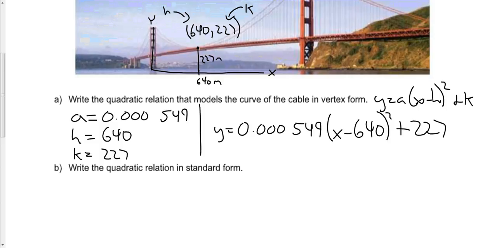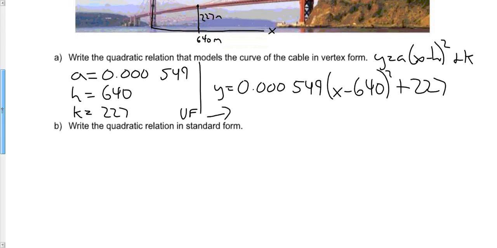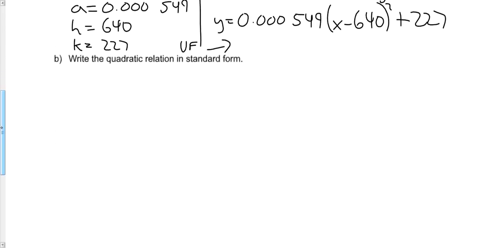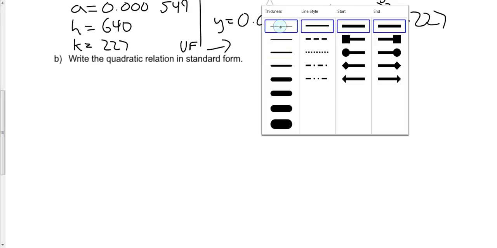Okay, so what we have here is now the equation in vertex form. The next thing we need to do is convert our quadratic relationship from vertex form into standard form. And we've been working on that over the course of today. The only difference here is that the numbers happen to be larger than some of the other numbers that we've worked with. So let's take a look at how we actually convert this into standard form.